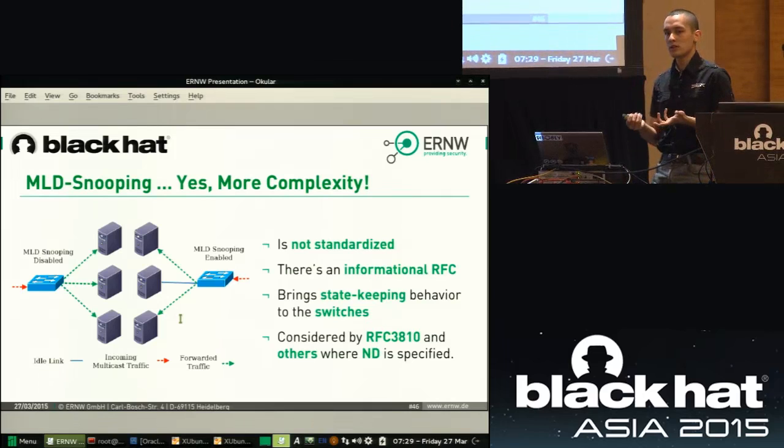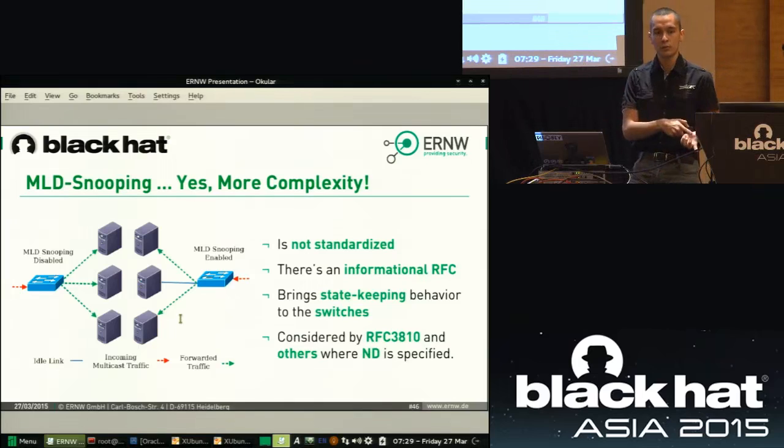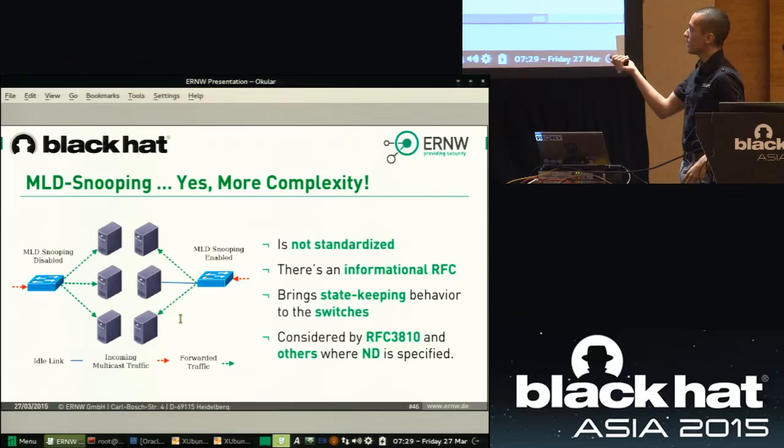So some people started wondering, hey, that's not that efficient. What if the switch learns where there are listeners for a particular group? If you have already understood the gist of MLD, you should already start thinking, hey, but that means we're also keeping state on the switch. So yeah, that's right. Cisco, for example, devised an implementation called MLD snooping.